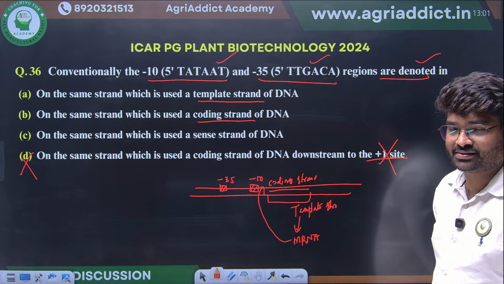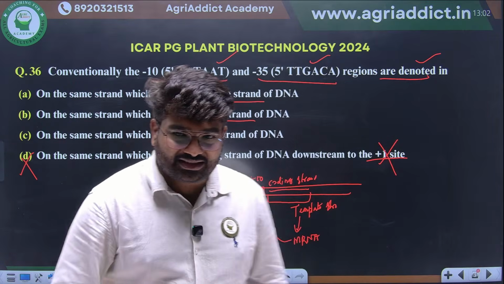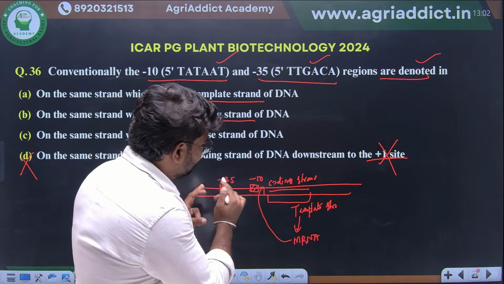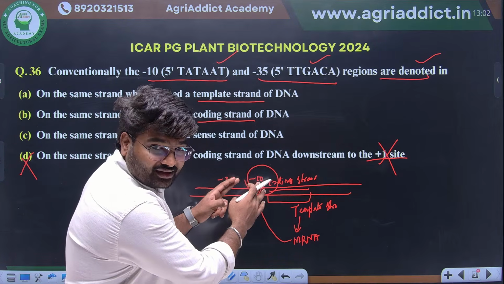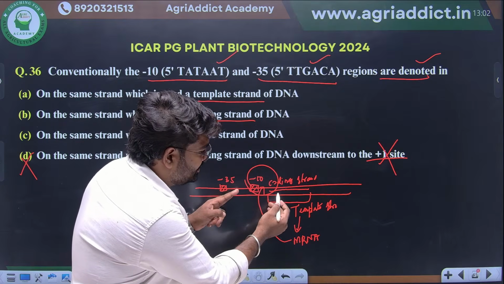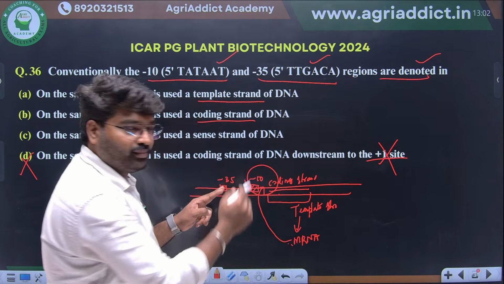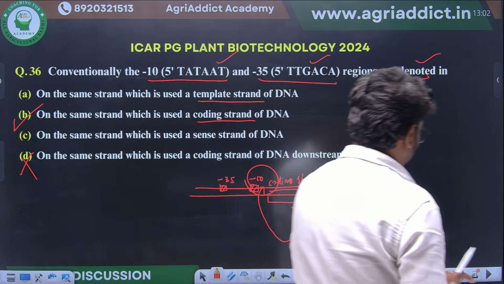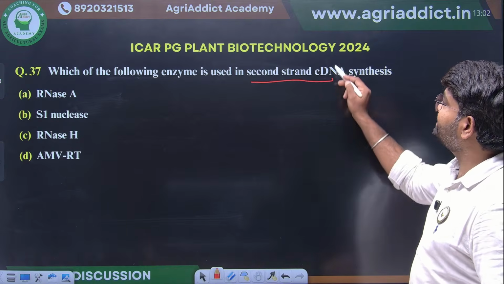It will be present in the coding strand only. The RNA polymerase will go and bind here. That will initiate the transcription. Because of this, the template will be transcribed to mRNA. This mRNA will be complementary to the template and similar to the coding strand. So the right option is what? Coding strand. Okay. Which of the following enzymes is used in second strand synthesis?